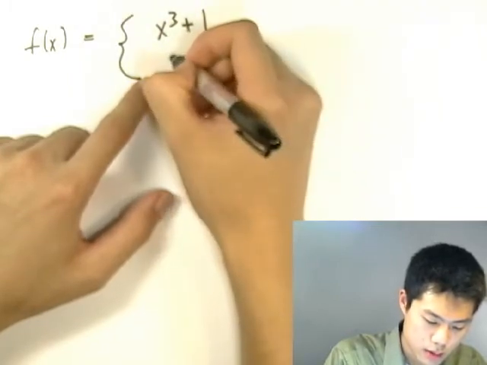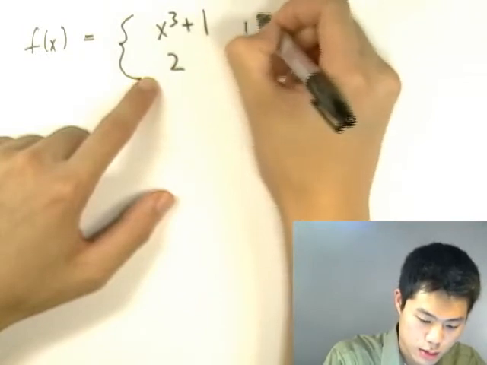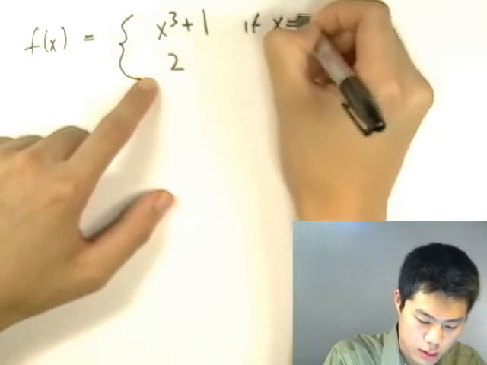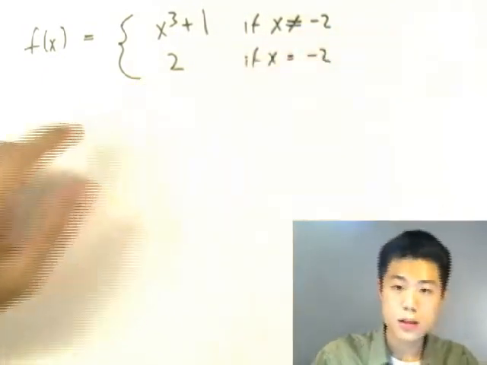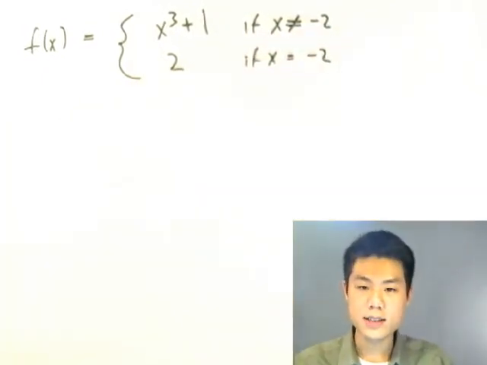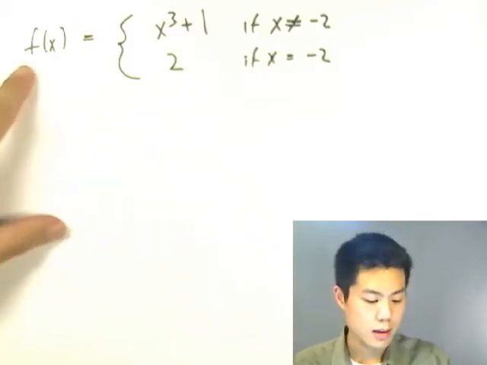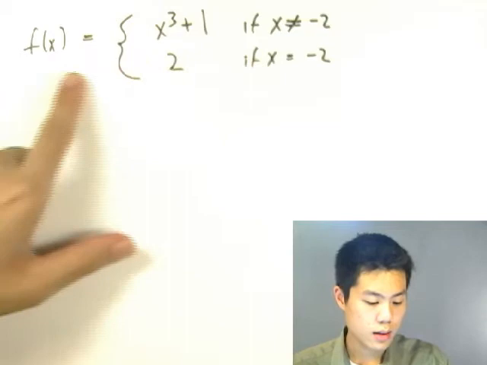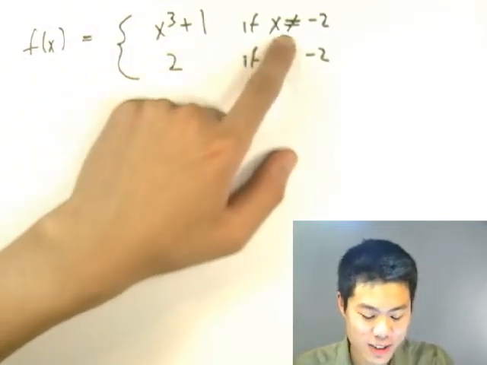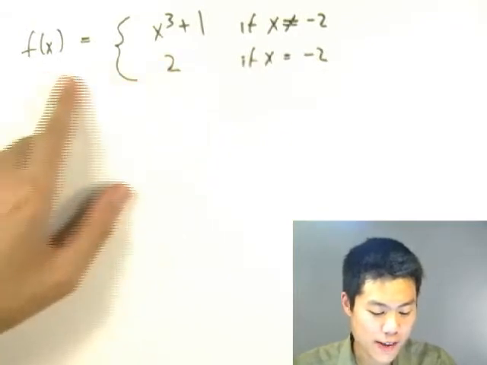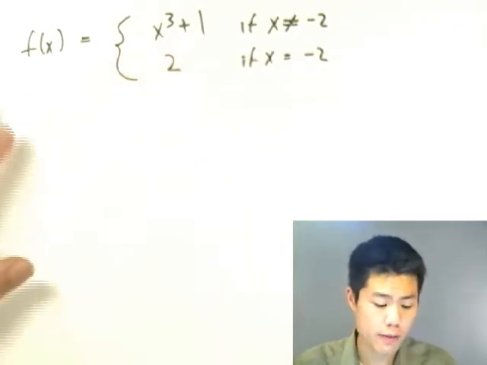Let me create this function here. What this function says is that if x is not equal to -2, f of x is equal to x cubed plus 1. But if x is equal to -2, f of x is equal to 2.